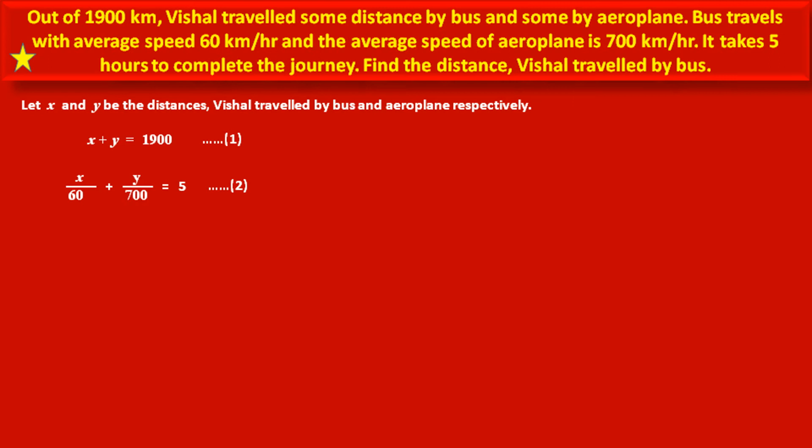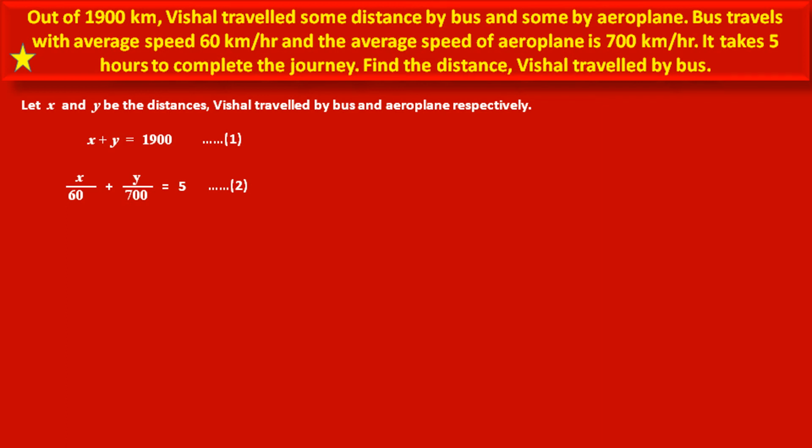So distance covered by bus is x and speed is 60, so x upon 60 is the time required for bus, plus y distance and 700 speed, so y upon 700 is the time period of aeroplane, and total time period is 5 hours for this journey.